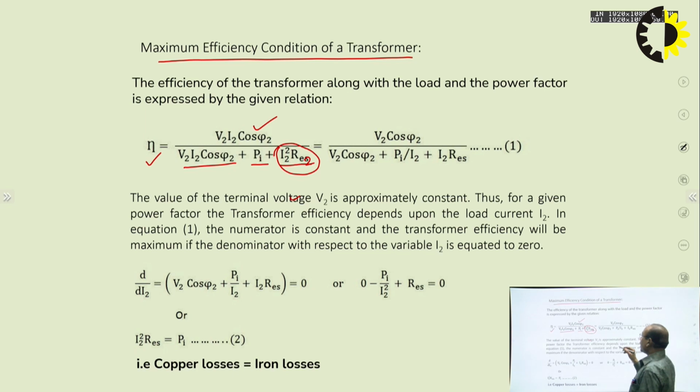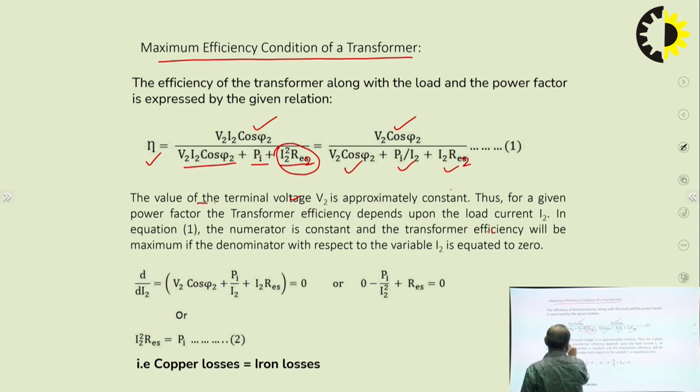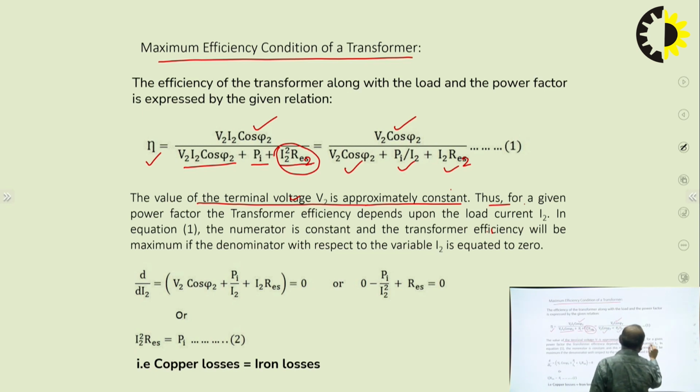Now by dividing the expression of efficiency by I2, we get V2 cos phi 2 in the numerator, and in the denominator we get V2 cos phi 2 plus Pi upon I2 plus I2 into RE2. Now the terminal voltage V2 approximately remains constant. So for a given power factor, the efficiency of the transformer depends upon the load current I2.